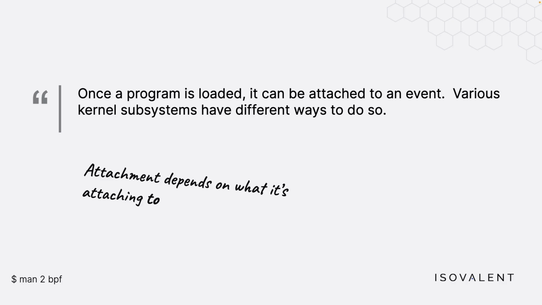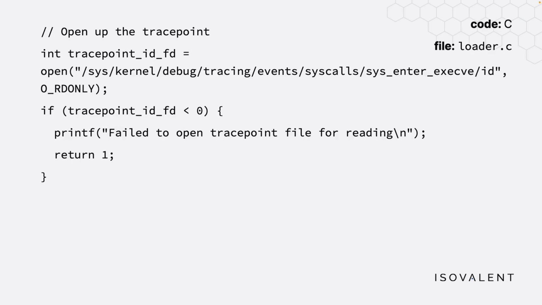The bpf syscall manual page tells us that this depends on the type. For us, for a tracepoint, we can do it this way. Firstly, we need to get a file descriptor to a file under sys/kernel/debug/tracing. We're interested in the sys_enter_execve tracepoint.